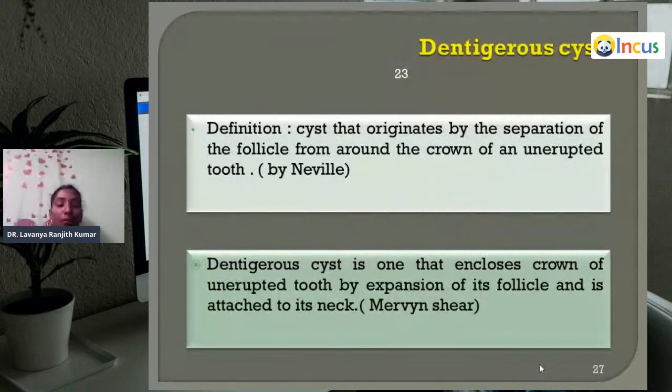According to Shear, the dentigerous cyst is one that encloses the crown of an unerupted tooth by expansion of its follicle, and it attaches to the neck. So Shear defined this as a cyst that encloses the crown of the unerupted tooth by expansion of the follicle, and it is attached to its neck.